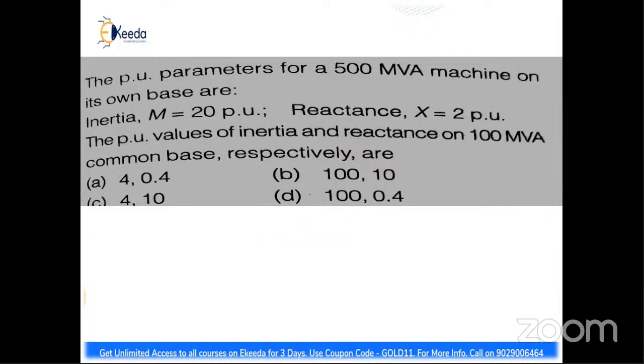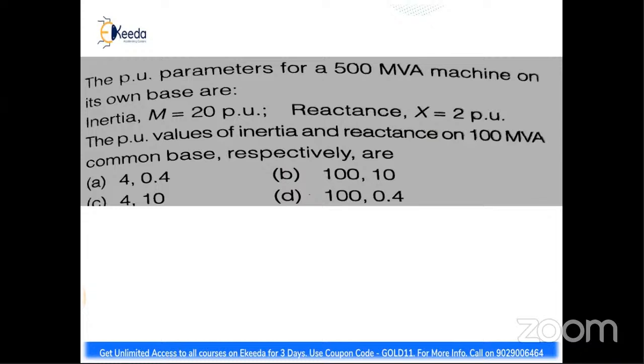So next, move on to the next question. That is the PU parameters for a 500 MVA machine. The per unit parameters for a 500 MVA machine on its own base are inertia M equal to 20 PU, reactance X equal to 2 PU.